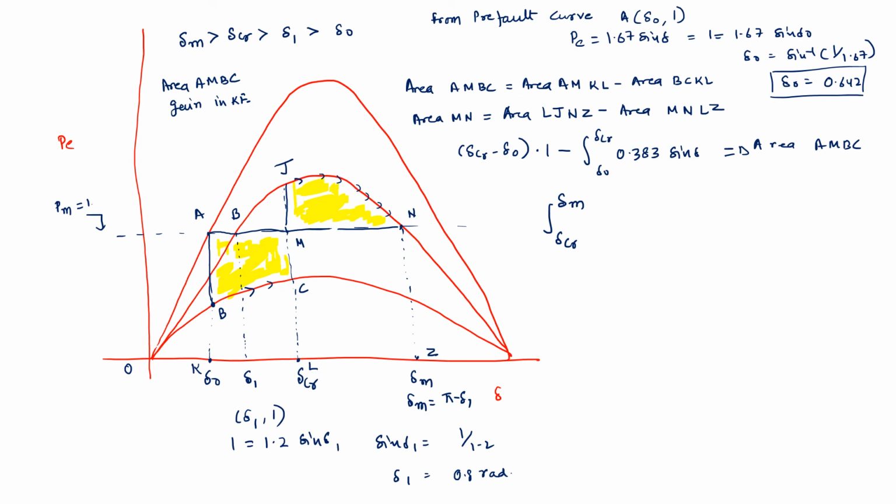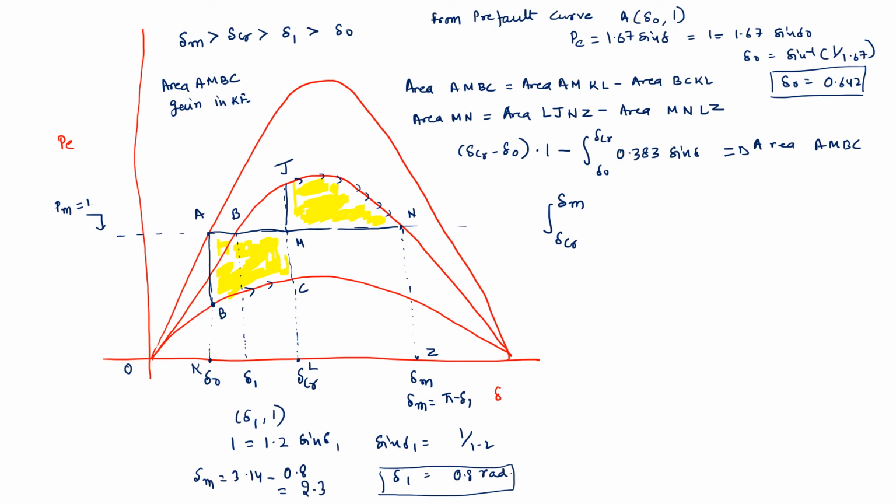We calculated delta naught is equal to 0.6. Now delta 1 is 0.8 radian. So I will employ all these values in this integration between delta CR and delta M. Delta M is pi minus delta 1, which is 3.14 minus 0.8, coming out to be 2.3.